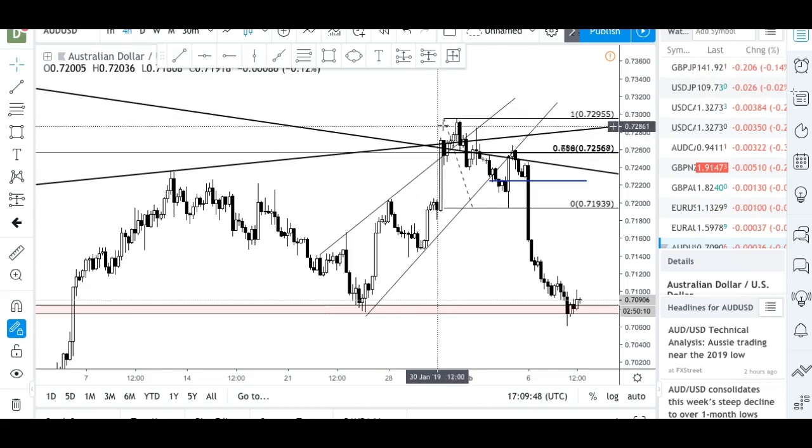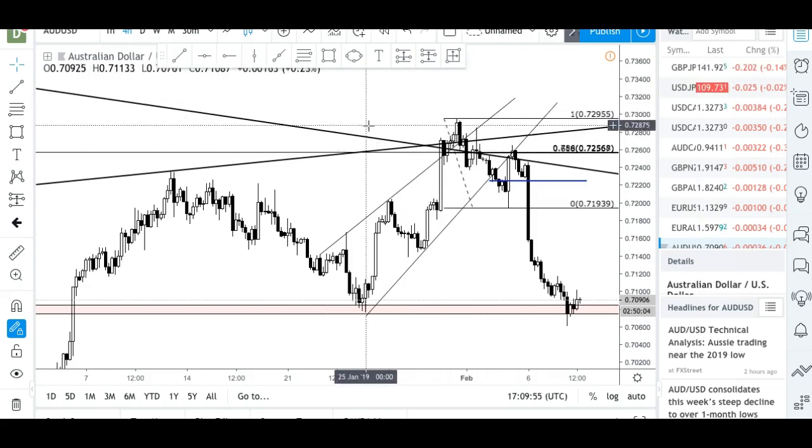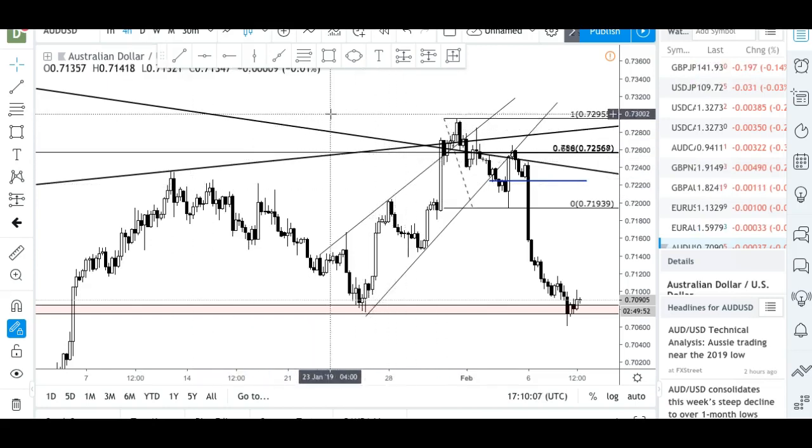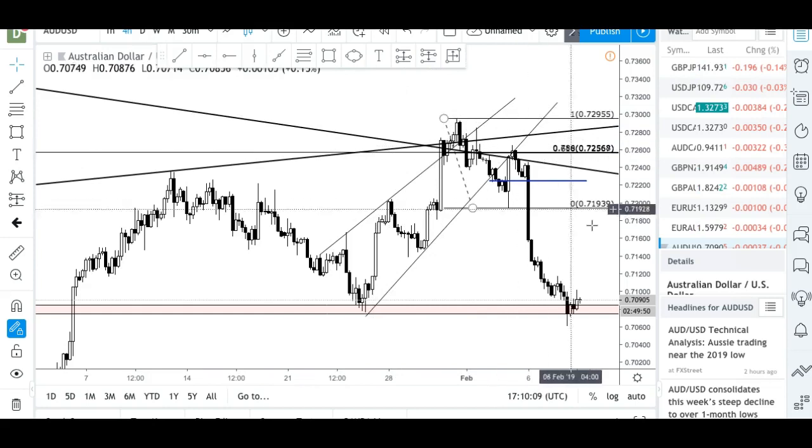Some people use line charts, some people just use the wick, some people use the body. So I like to think of trend lines as a zone of support and resistance, just like horizontal support and resistance. Diagonal support and resistance is what I'm getting at.